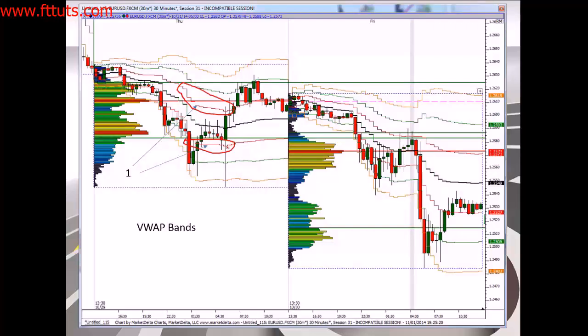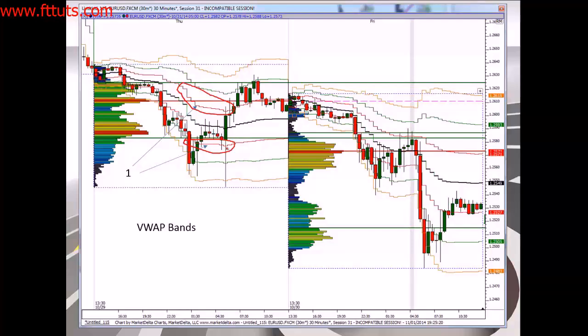Now, these bands are very, very helpful because they help us with two key things in monitoring price action. The first, they show us how far away price has deviated from the volume weighted average. Is it one standard deviation, two, three, and so on?